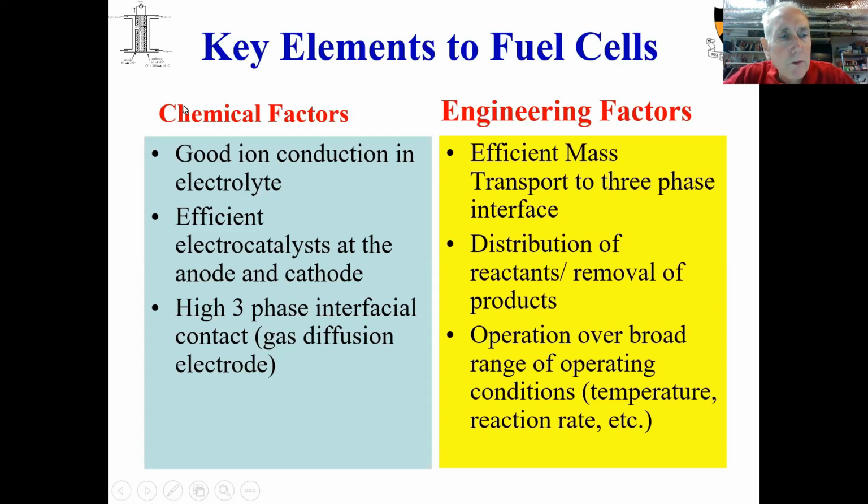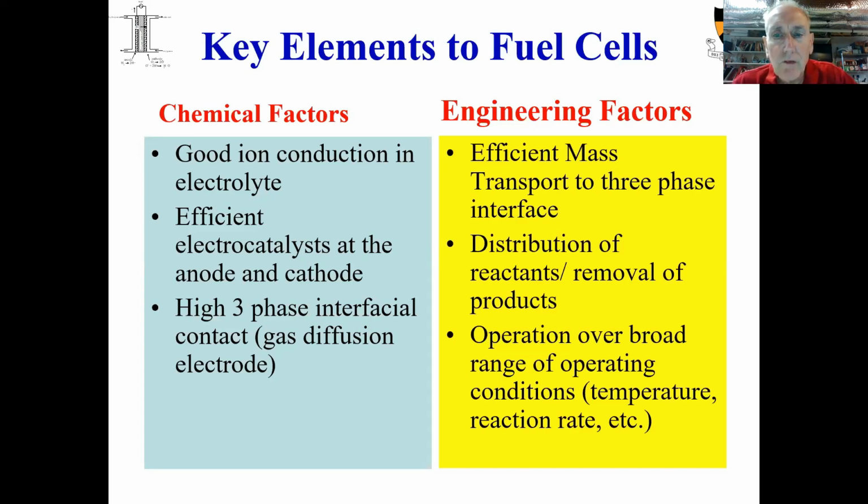Now, most of the effort that's been put into developing fuel cells has been what I'll call the chemical factors. And several years ago, we decided to take a look at the engineering factors. What we just said is, suppose we just take the best chemical materials that are available right now, and let's see if we can make the fuel cell work better with just improving the way in which we engineer the fuel cell.